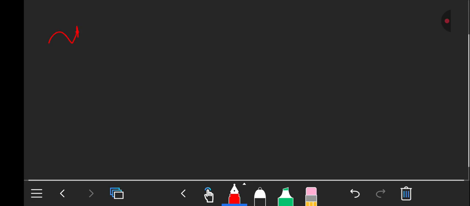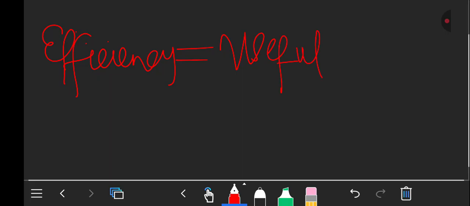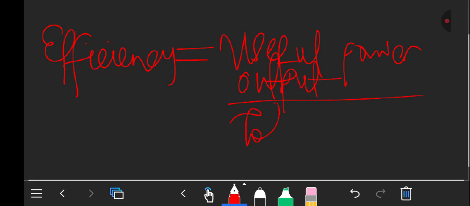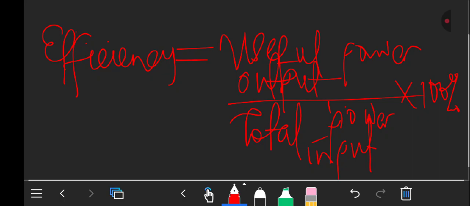Efficiency is equal to useful power output over total power input, and this must be multiplied by 100%. So you can use this formula to find the efficiency.